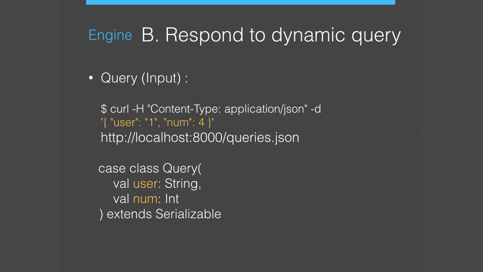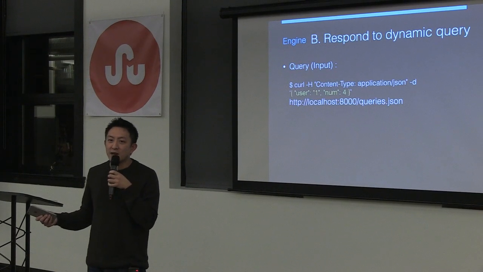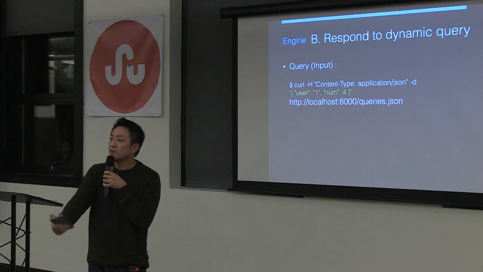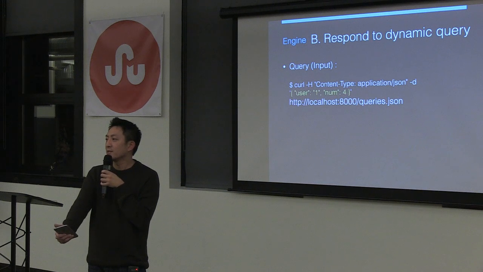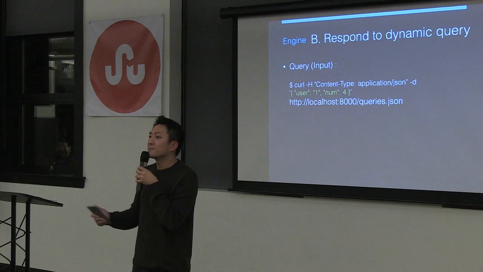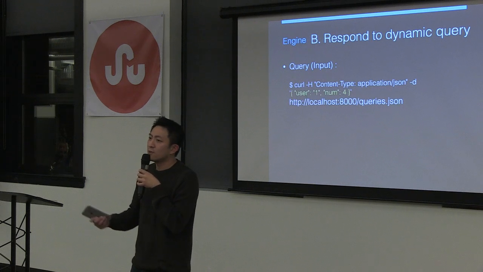In a recommendation engine scenario, one of the possible ways is I give you a user ID. I tell you how many products I want to recommend to this user ID, and you return something to me, right? So the JSON request through the REST API would probably be a user and a number of products.